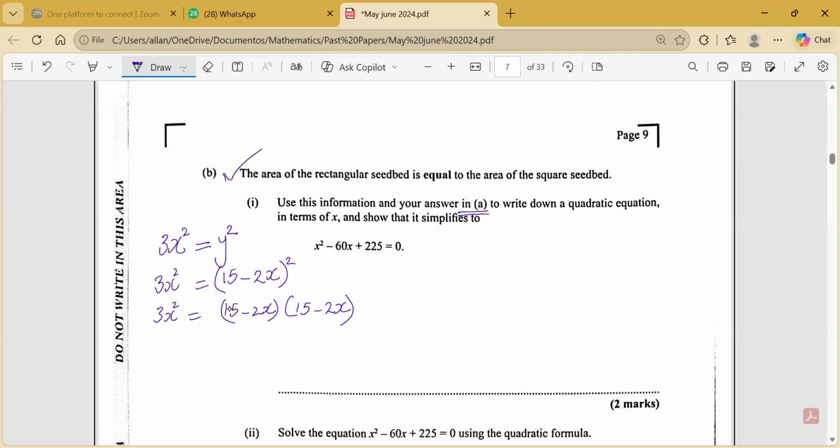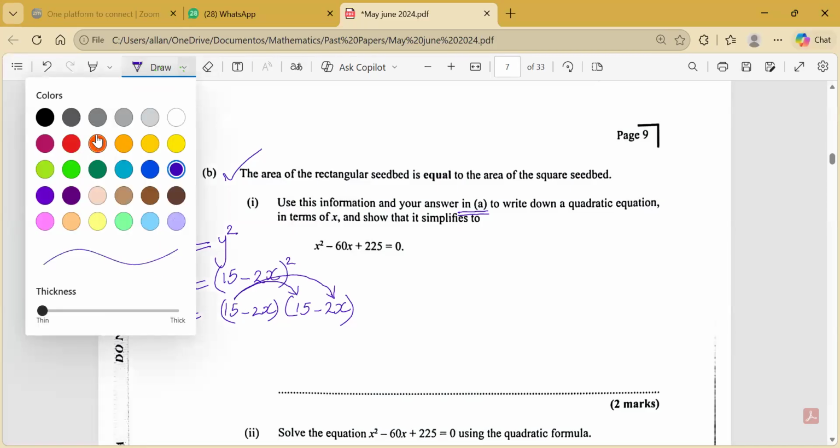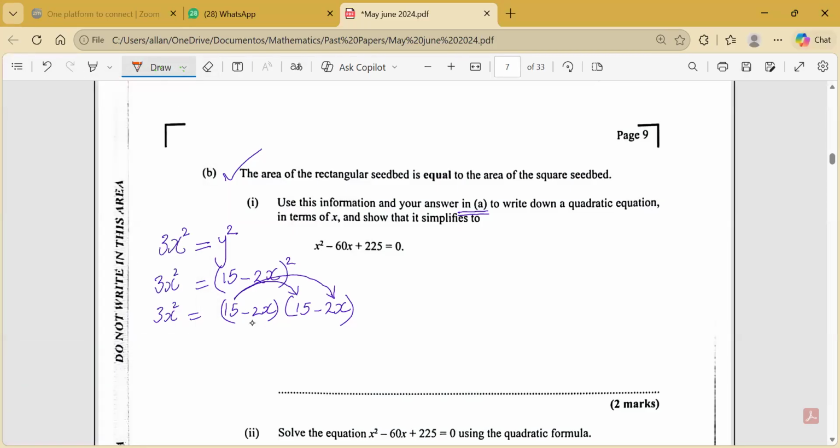So you have to multiply 15 by everything on the other side of the bracket. And then you're going to multiply negative 2x by everything. So the first step would be to multiply my 15.